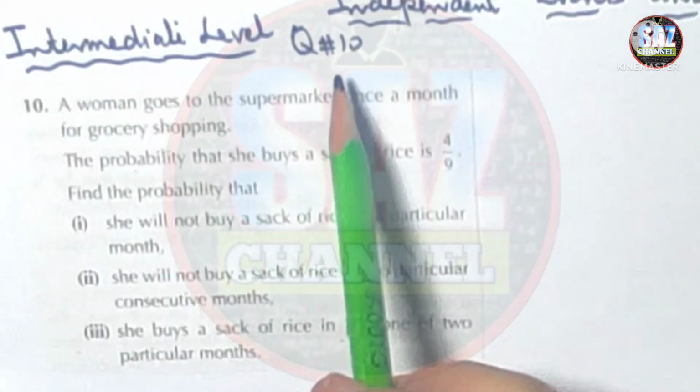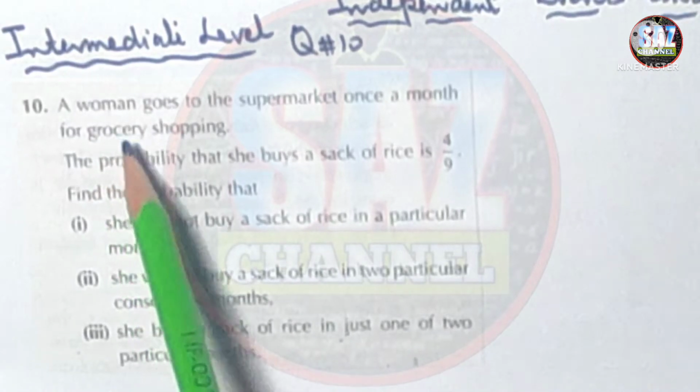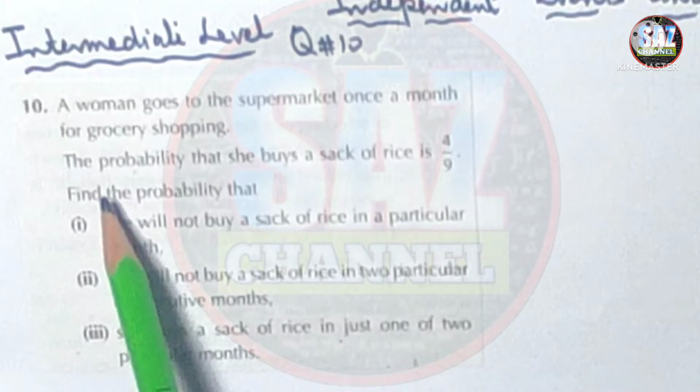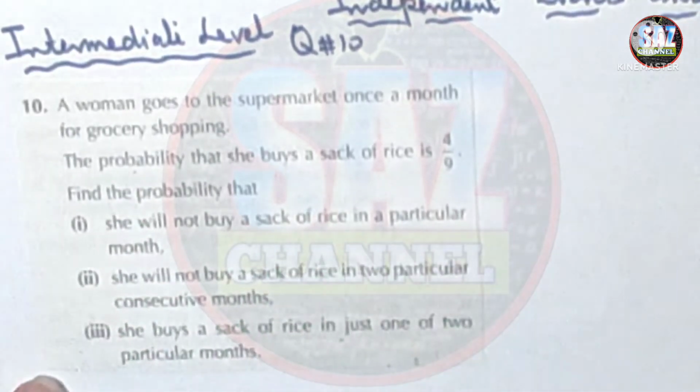Question 10 says, a woman goes to the supermarket once a month for the grocery shopping. The probability that she buys the sack of rice is 4 by 9.